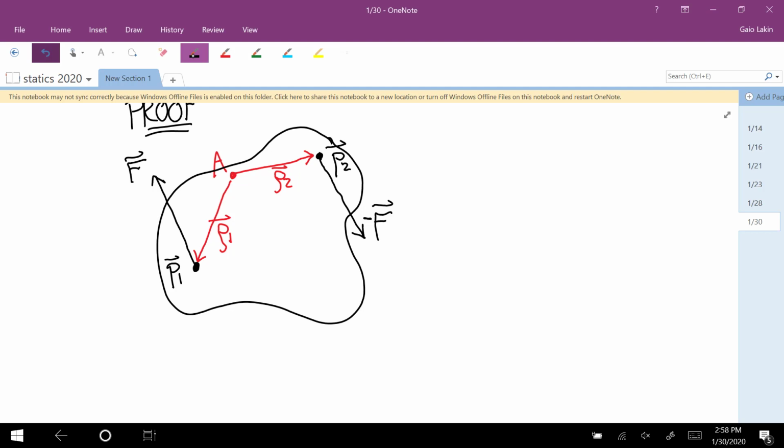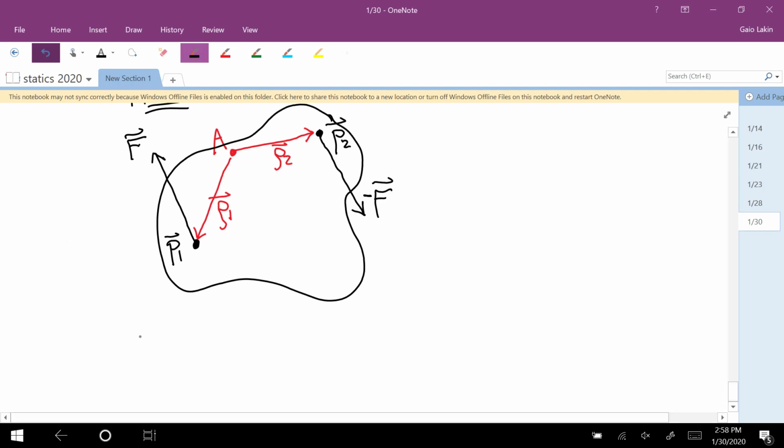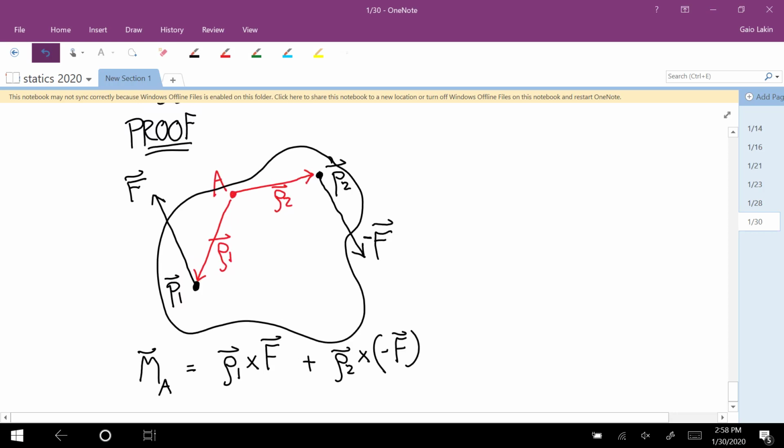And what do we expect to happen? So I'm going to set this up as, the total moment of this couple is equal to r1 crossed with F plus r2 crossed with negative F. And what would show that this moment is going to be the same no matter what the about point is?